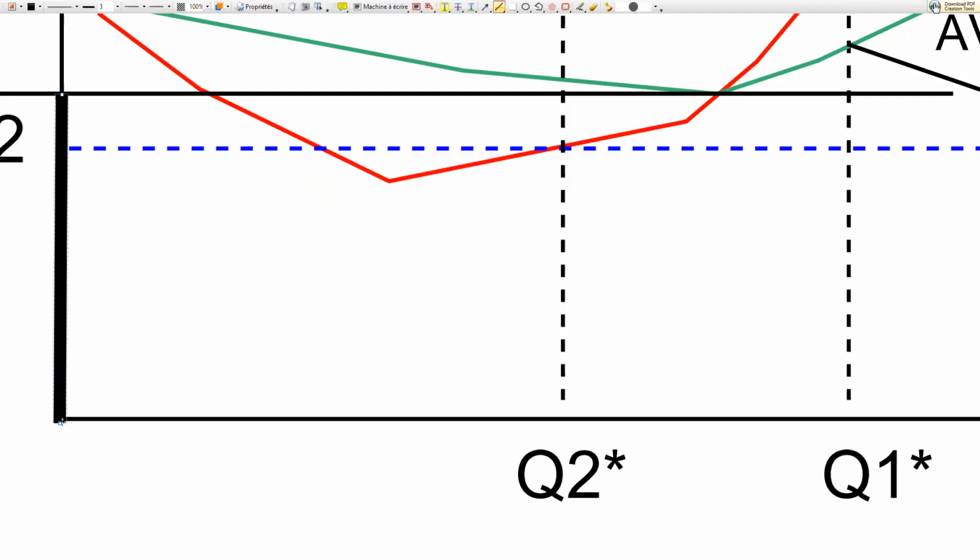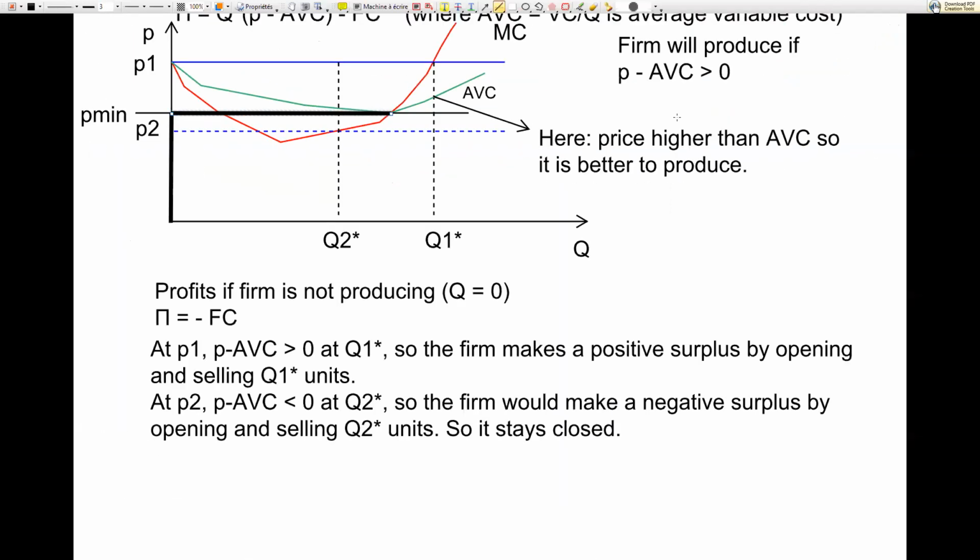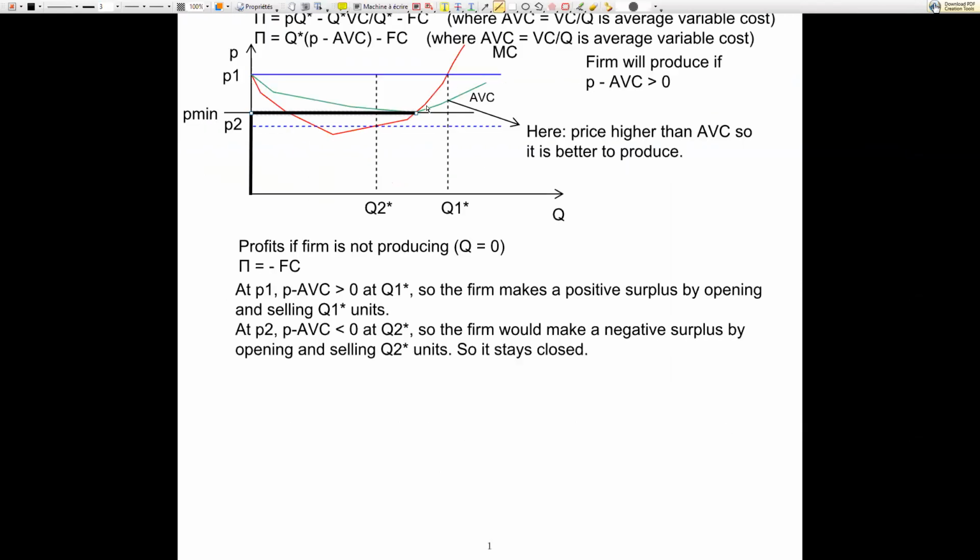And then at P-min I start producing this quantity here. And then the quantity will be determined by what? By the marginal cost.